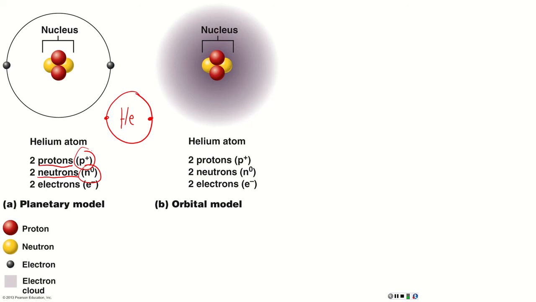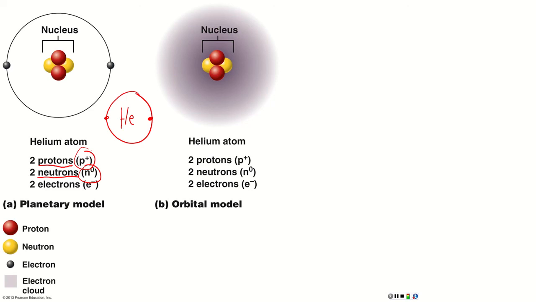So real quick, let's think about that. Protons and neutrons are in the nucleus of the atom. Protons have a positive charge and neutrons have no charge. What can you tell me about the nucleus of an atom? See if you can think of what we can say about the nucleus of an atom based on that information.